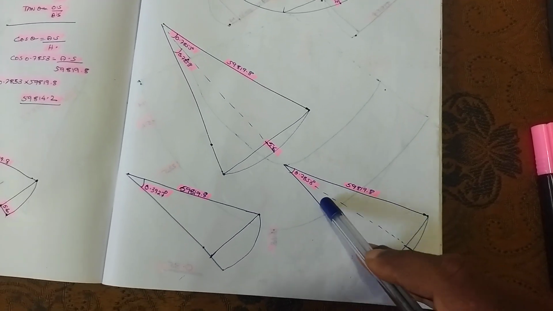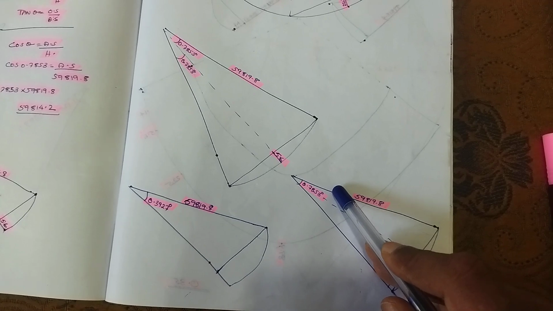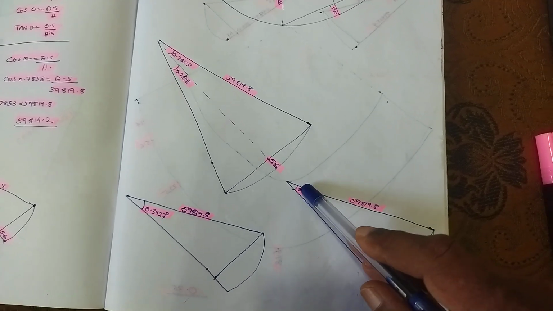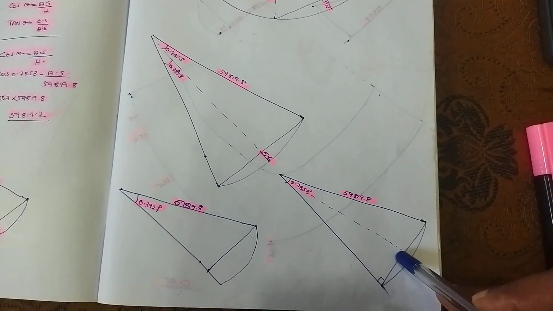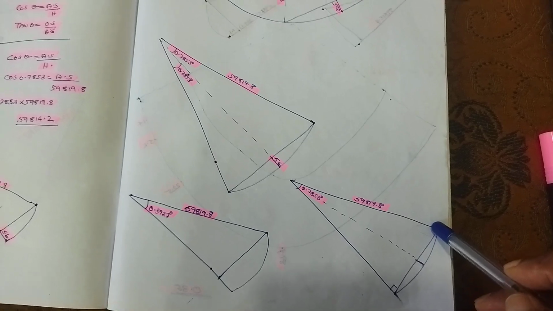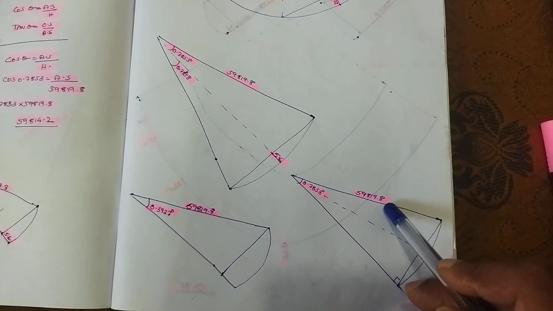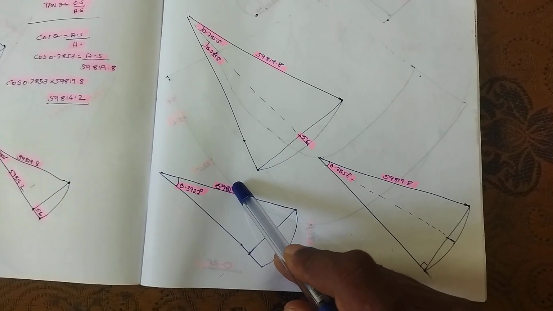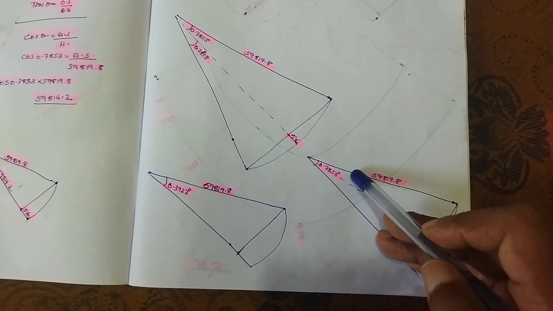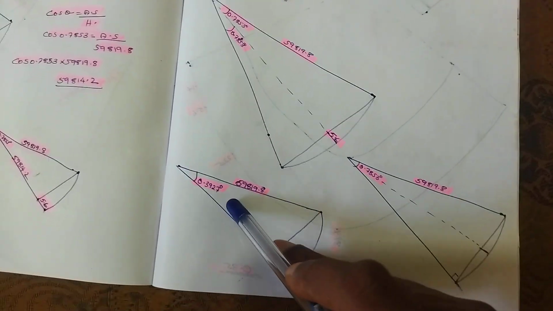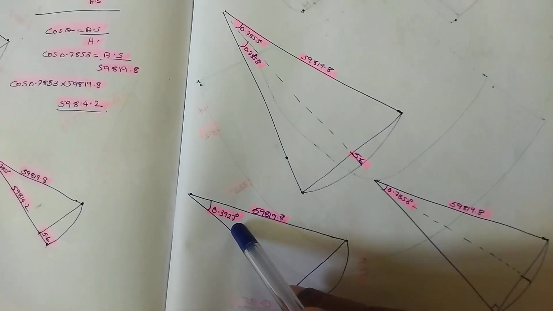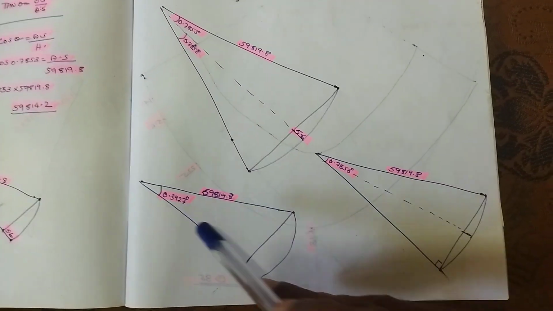For that purpose, 0.7853 has to be divided by 2, and it's a small triangle. Once again I have drawn the 59,819.8 line here. This 0.7853 is the half portion, that is 0.3927 degree, drawn here.